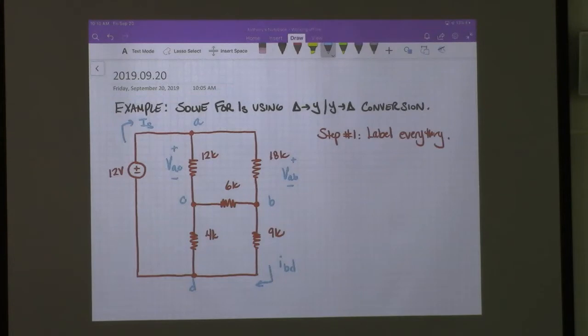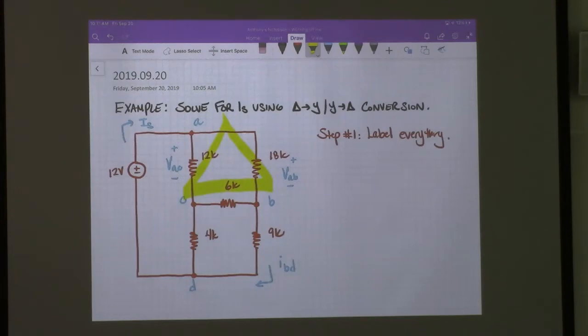So the only requirement for the delta or the y, yeah, go ahead. Is it a delta? It is a delta, yes. So for the delta, they have to be connected end to end in that triangular form. It's not like series where something says nothing else can be connected to that node. So you can see here that we have a delta, right?